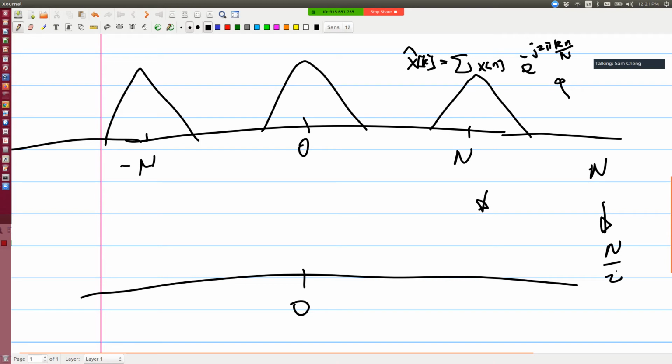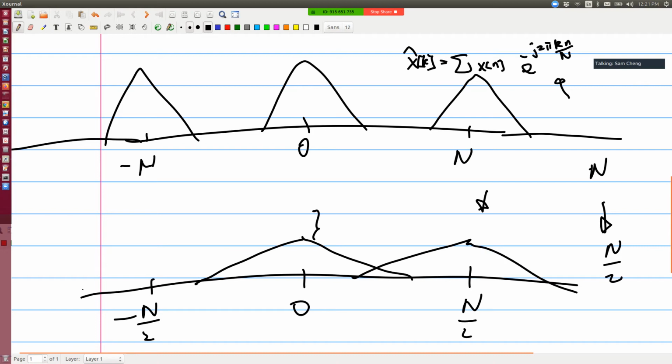In the frequency domain too, from N samples I will go to N over 2 samples. Similar to what we had earlier, it will go down, spread like this, and basically shrink by half like this. I can exaggerate this a bit, but I think it's okay.